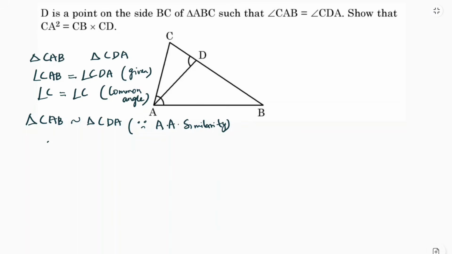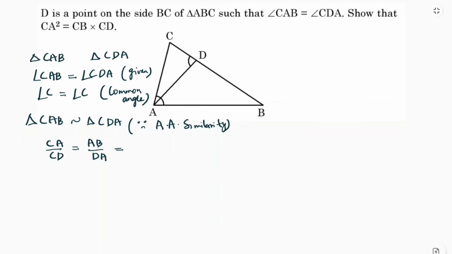So if I write the corresponding sides, I'll write like this. Here I'll take the first two, CA by CD, equals, next I'll take AB by DA.